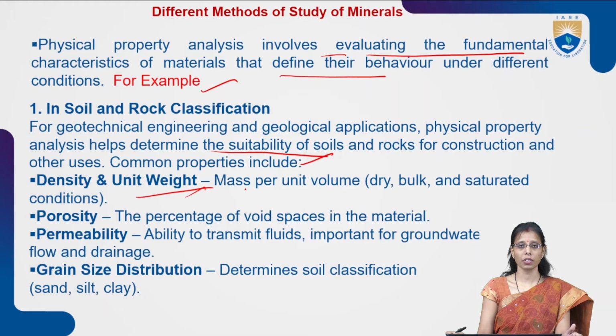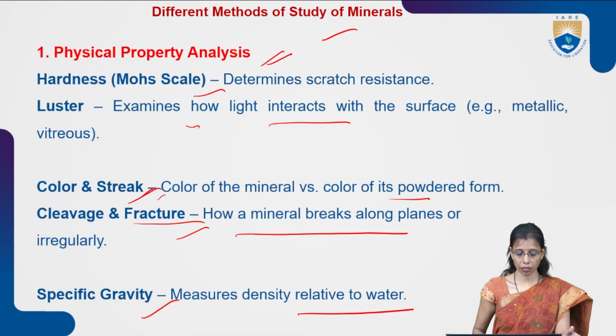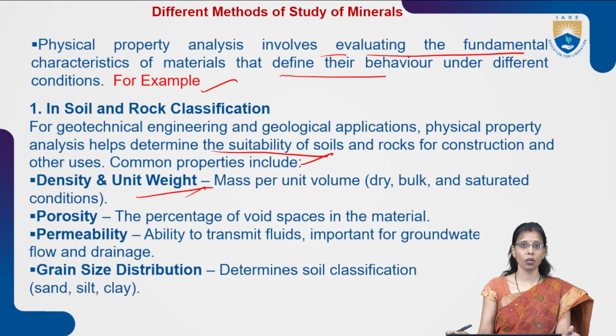Before, you have seen streak, cleavage, fracture and specific gravity. Along with this, when you try to identify soil and rock classification, we can use density and unit weight: mass per unit volume, in dry bulk and saturated conditions of the particular rock or mineral.